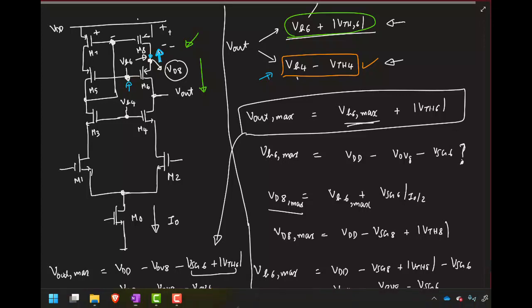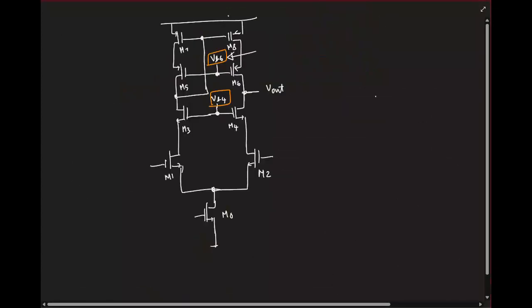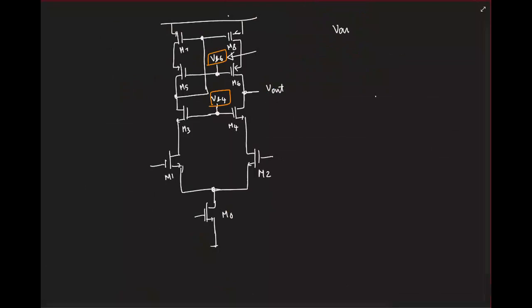What do you think will be the minimum output? Okay, I can go again here. So in this, the maximum output we had was VDD minus the overdrive of M8 and overdrive of M6. What is the minimum do you think it will be?